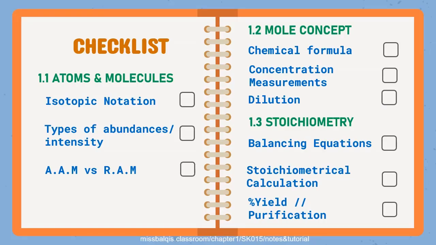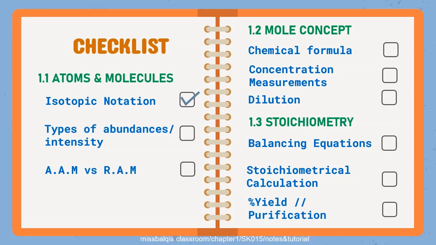We have completed chapter 1 matter, but before we put an end to this chapter, let's quickly see what we have learned so far. In the first subtopic, you have learned about isotopic notations for both neutral atom and also ionic charge. And then we learned about 3 types of abundances or intensity.